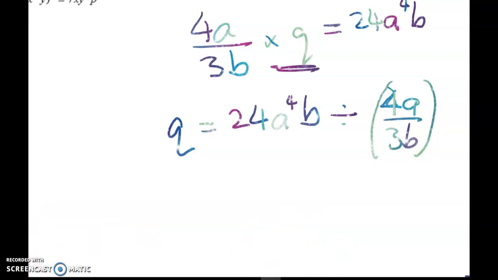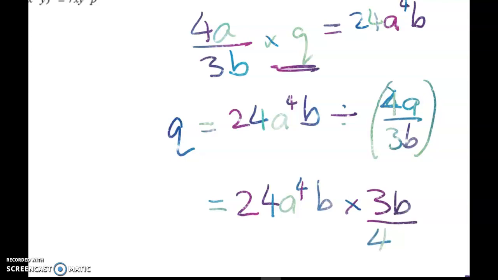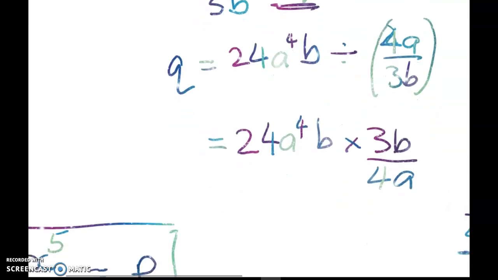Now what do we do when we divide by a fraction? Well, we multiply by the reciprocal. So we've got 24 a to the power of 4b times 3b over 4a. And you can see that the problem's getting easier every step of the way. And that's what always happens with algebra. The worst bit is working out where to start.